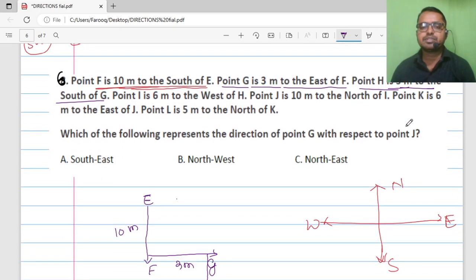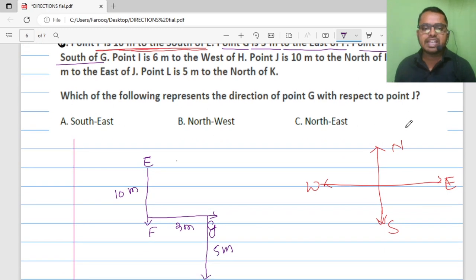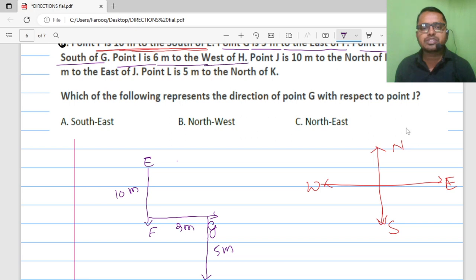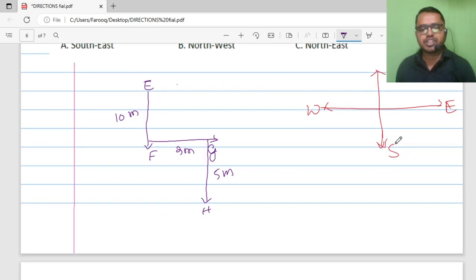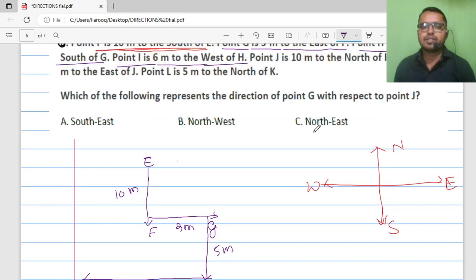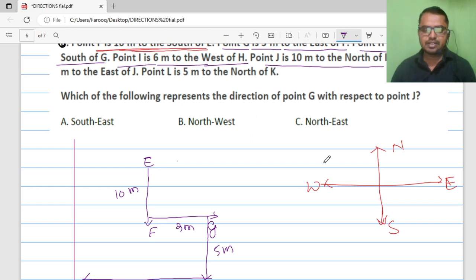Read the question. Point I is 6 meter to the west of H. West of H means in this direction. Yes, this is I, 6 meter. Point J is 10 meter to the north of I. North means in this direction.